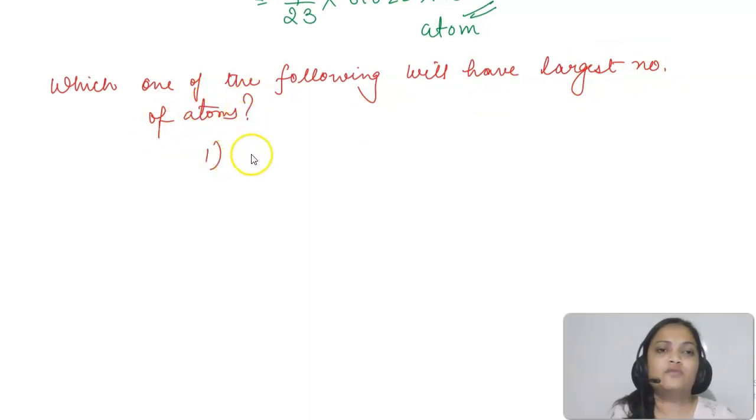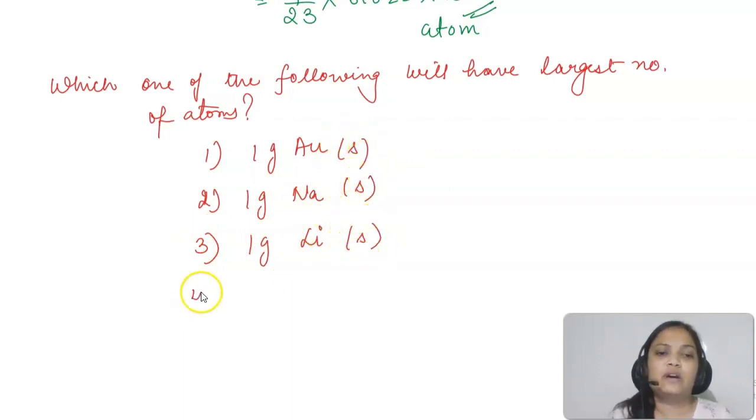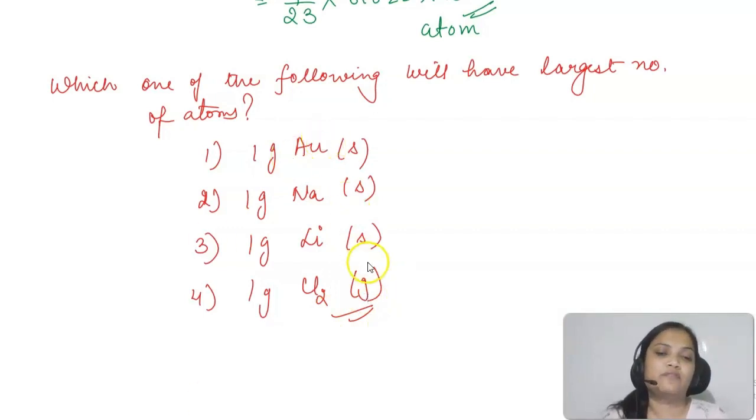The options are 1 gram of gold, second is 1 gram of sodium, third is 1 gram of lithium. These are all solids. And the fourth one is 1 gram of chlorine gas. You have to find out how many atoms are there, and then find the largest number of atoms.